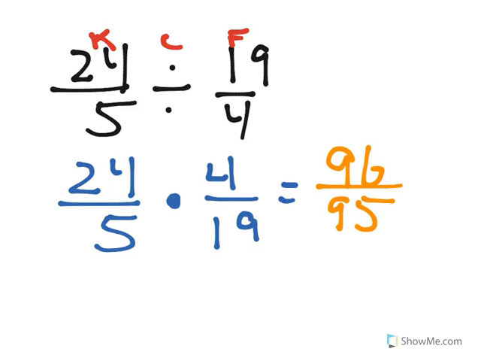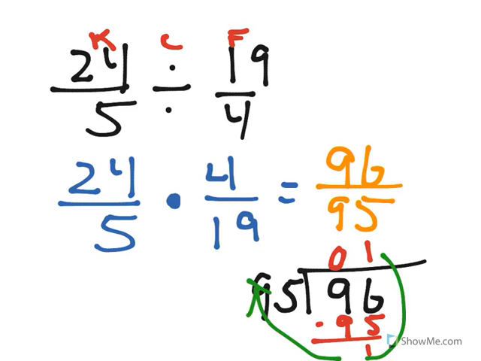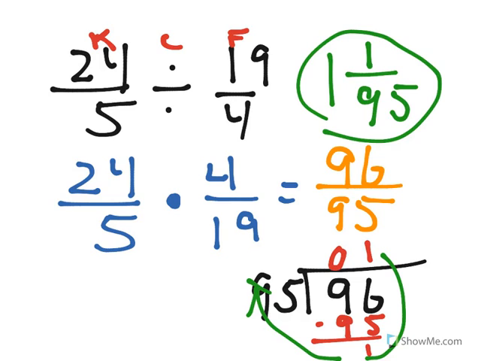So 96 over 95 is improper, so I want to divide it. 95 does go into 96 one time, with 1 left over. So remember, when I do this, I go clockwise to write my answer down, so it's 1 and 1/95. So that's the answer to number 6.